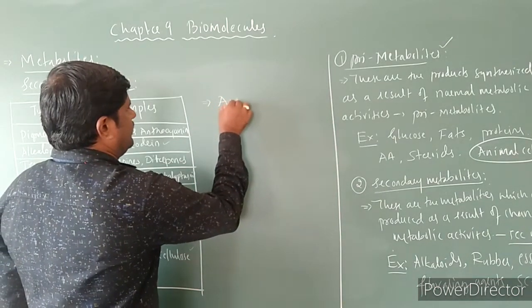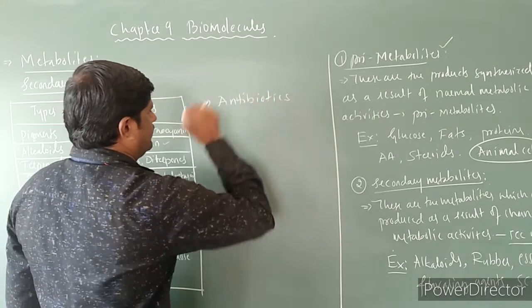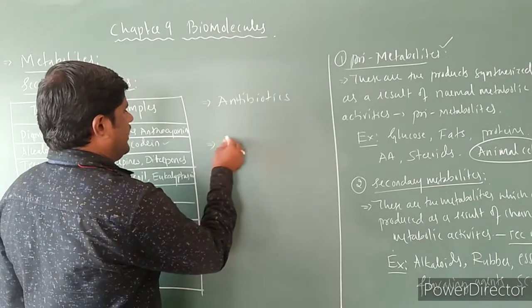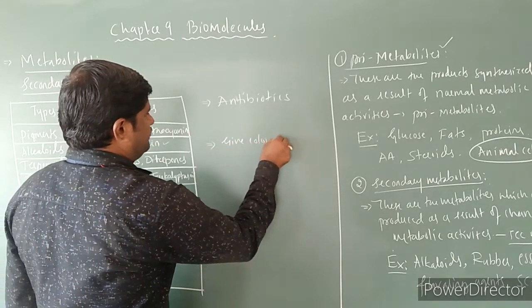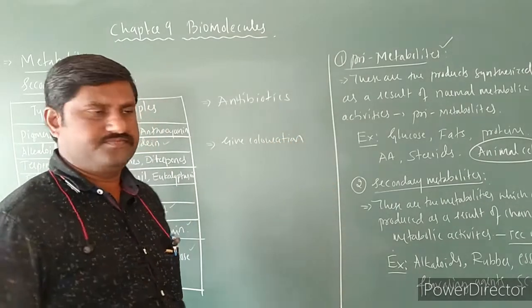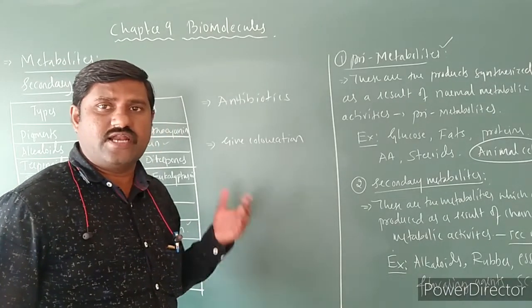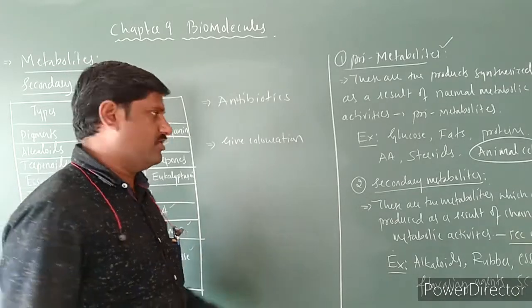Such secondary metabolites sometimes act as antibiotics, and they even provide coloration. Coloration is helpful for plants to attract insects towards themselves so that pollination occurs.